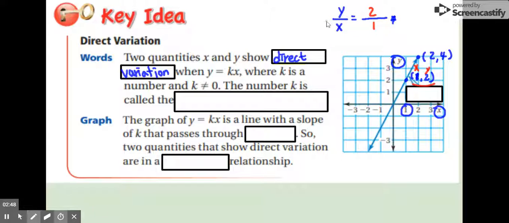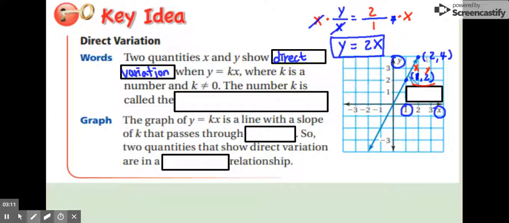If I simplify a little bit, I multiply by x on both sides because I want to isolate y. These are gone, so now it's going to be y equals 2x. So this tells you that the x and y are varying directly.